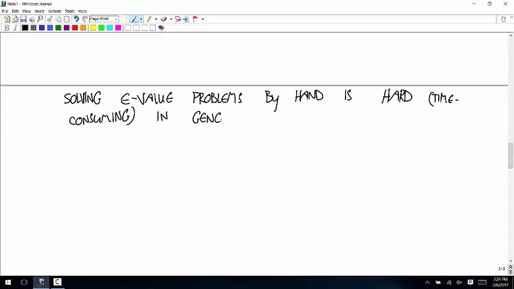In general. And so in the past, when working engineers had to do calculations by hand, people came up with a really slick, cool graphical way to calculate the principal stresses.